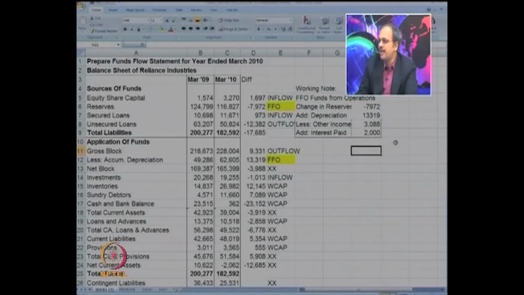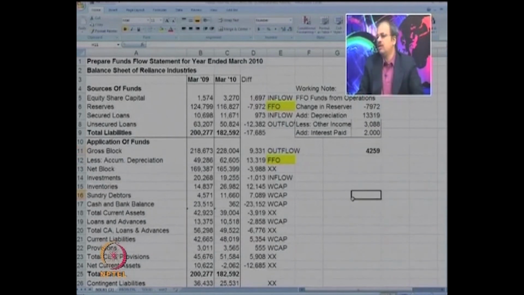So, if I try to calculate now funds from operations, you can see here I will add the depreciation minus other income plus interest paid. So, 4259 represents the funds from operations as we have calculated.